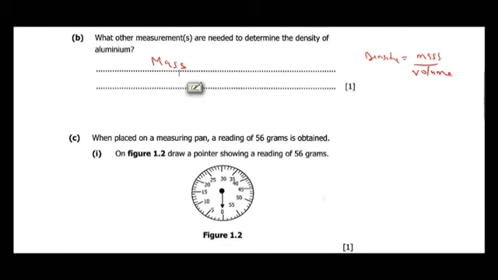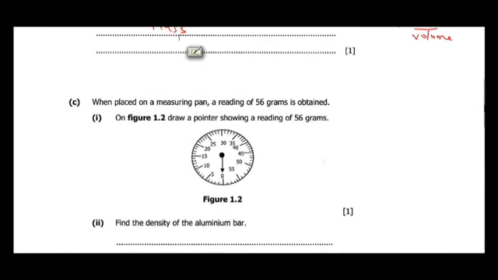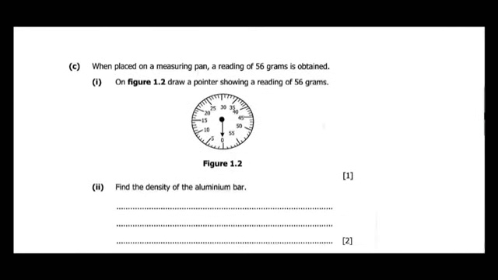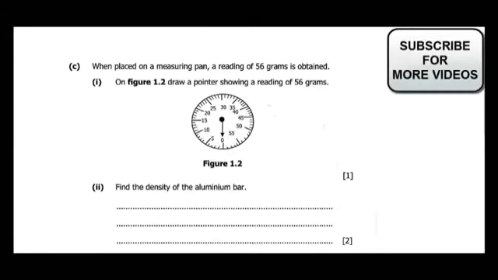Now C says when placed on a measuring pan, a reading of 56 grams is obtained. On figure 1.2, draw a pointer to show a reading of 56 grams. If you watch, this point is 0, this is 5, this is 10, this is 15, 20, and so on to 55.